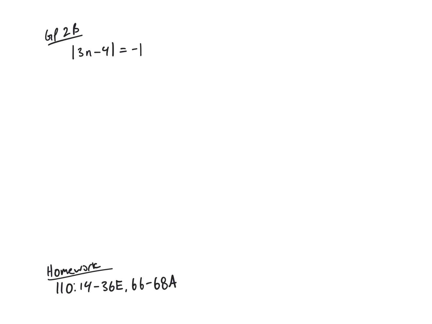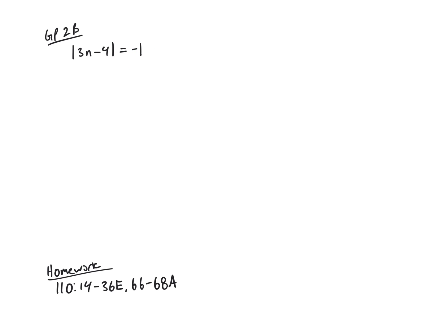All right, now just one more thing that we wanted to point out is this absolute value, guided practice number 2B, by the way. Remember, when we're talking about the absolute value of something, we're always talking about a distance, and the distance is always positive. This one says the absolute value of 3n minus 4 is equal to negative 1.